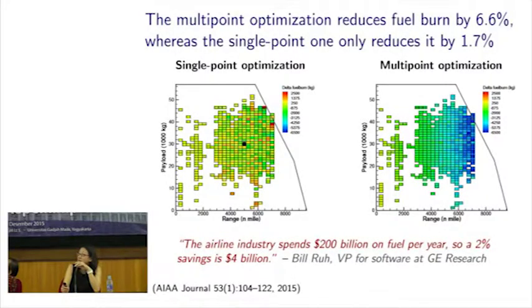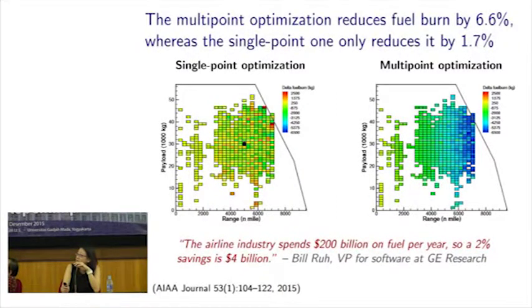When we look at the fuel burn reduction, we go back to the flight mission distribution, and I compute the fuel consumption between the initial and optimized designs for both the single point and multi-point optimization cases. What I found is that with the single point optimization, some flight missions actually burn more fuel with the optimized design, which is undesirable.